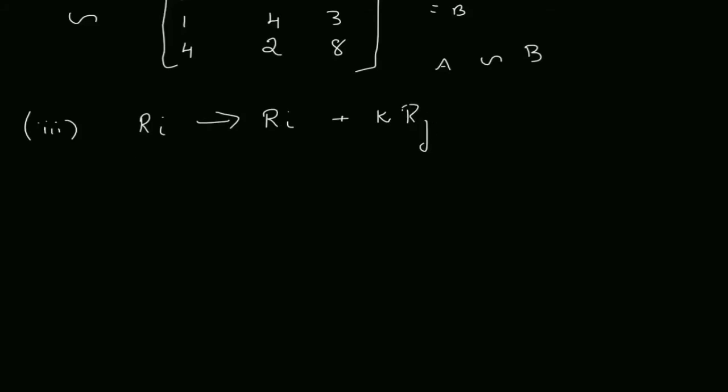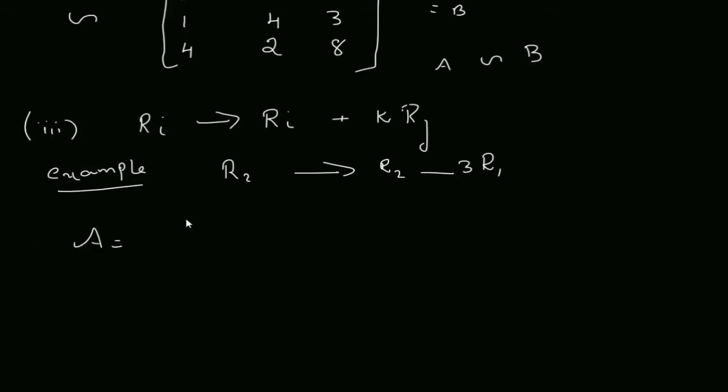Suppose i is 2, to the second row we can add a multiple of the third row. K can be anything. So for example, we are taking one matrix now. I am going to change R2. R2 is R2 minus 3R1.